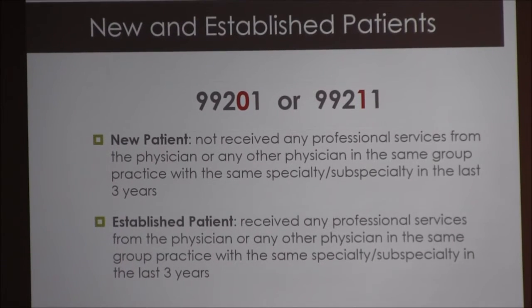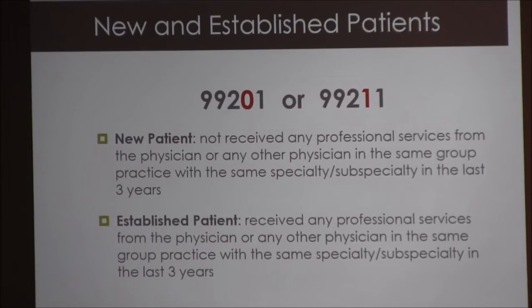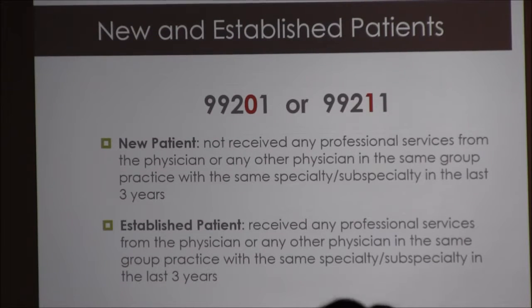So let's say I'm a brain injury neurologist specialist, and I see a patient that's having some seizures and I want to refer him to my good colleague who's a specialist in seizures within the same group practice. I can bill 99201, but my colleague cannot. He has to bill 99211. So that's an important one to know within group practice as well. But the general timing is 3 years.